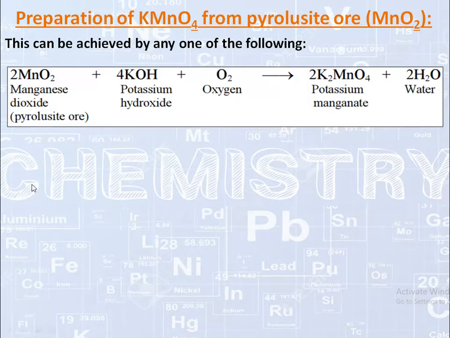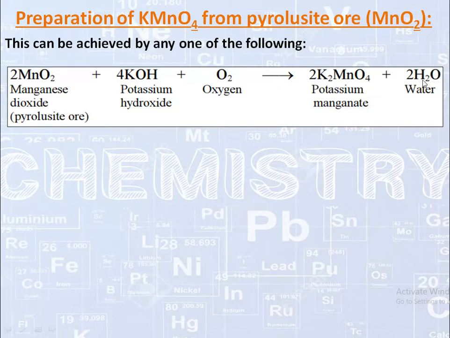So first is manganese dioxide, that is pyrolusite ore, when reacted or fused with potassium hydroxide in presence of air, we get potassium manganate and byproduct is water. So MnO2 when reacted with KOH in presence of O2, we get K2MnO4 and H2O.